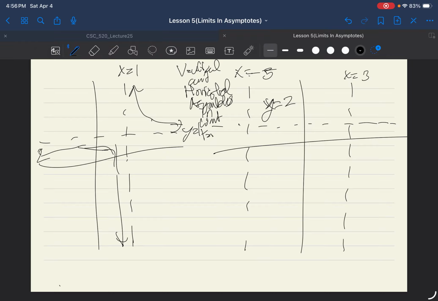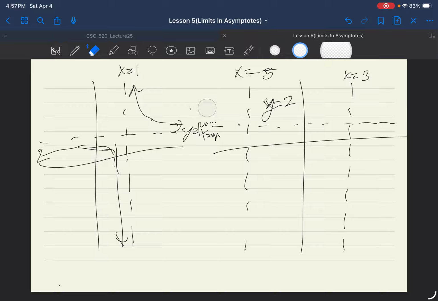So that's what I want you to do. I want you to define both in limit form. This is y equals 1. All right. 5, 4, 3, 2, 1.